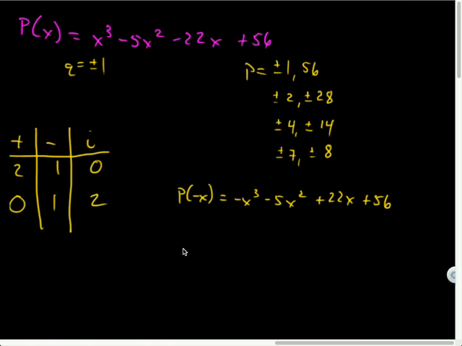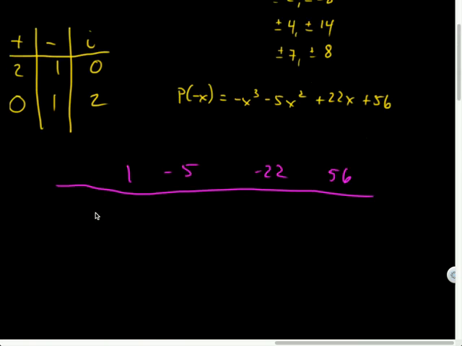So I've got synthetic substitution. I've got 1, negative 5, negative 22, which is going to be fun to multiply by, and 56. We're going to try all p's over q.